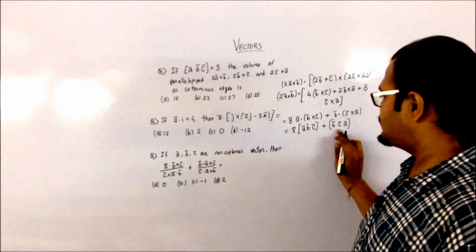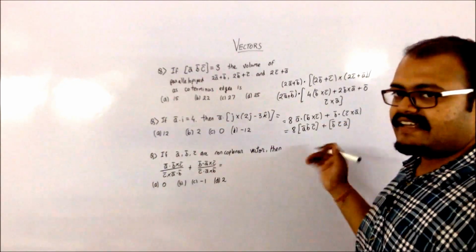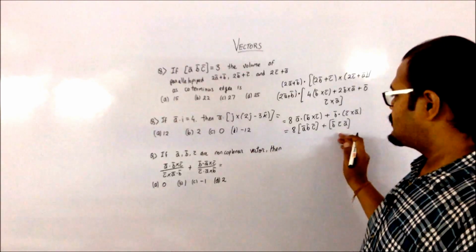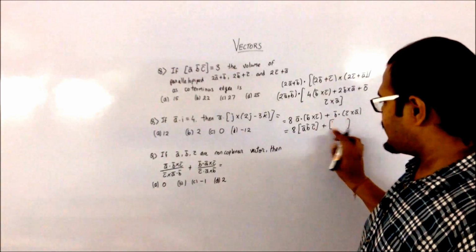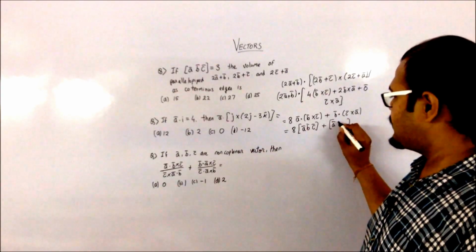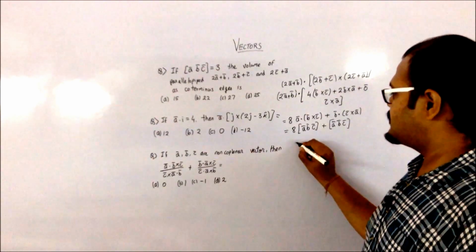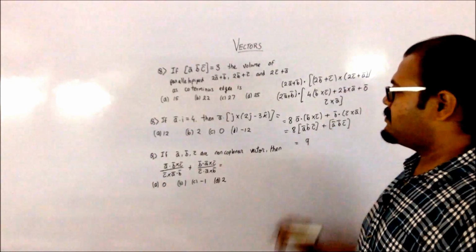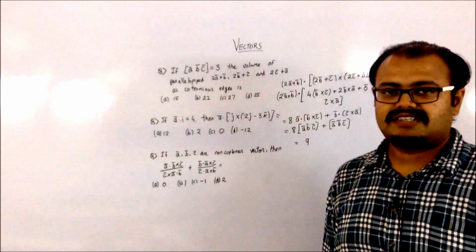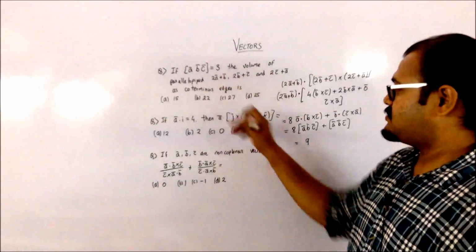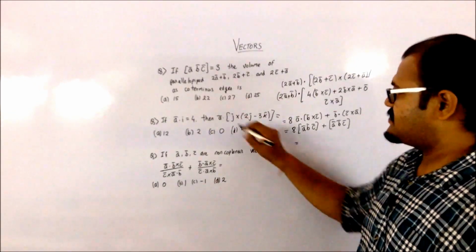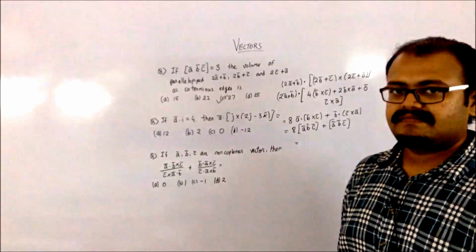I can write this sequence using a cyclic rotation as A bar B bar C bar. So it is basically 9 into the box product of A bar B bar C bar, which has the value 3. So 9 3s are 27. So the answer is C.